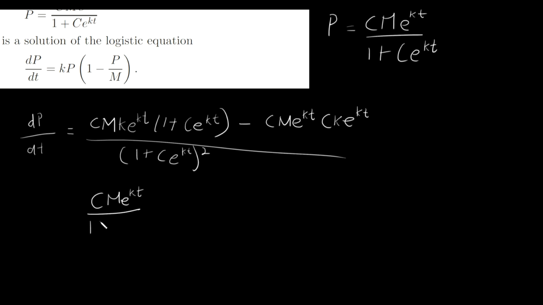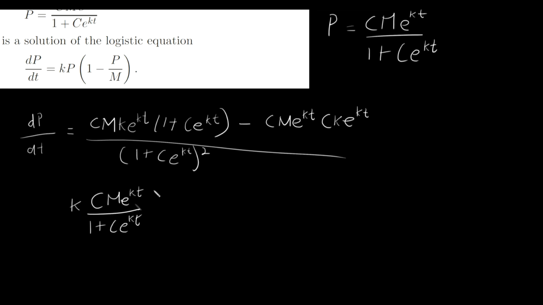I'm just factorizing this, factoring out this over this, because we have two of these downstairs. It's squared, and we can find all of this business in here: cMe^(kt), and we have a k, and look, we have a k over here. Both of these terms have a k in them, and we need to have a kP, so let's pull the k out too.